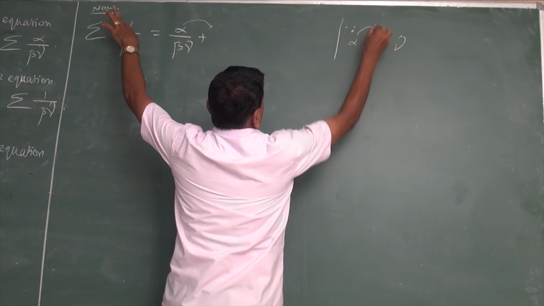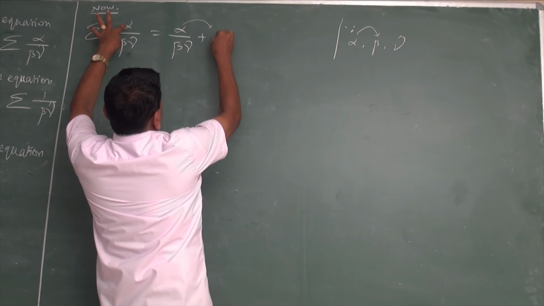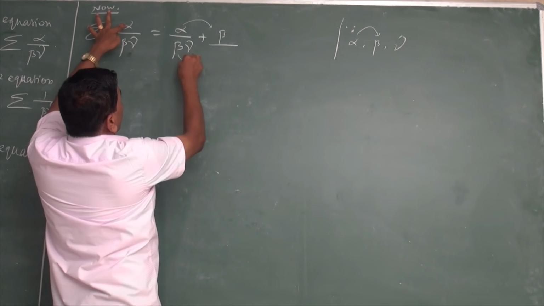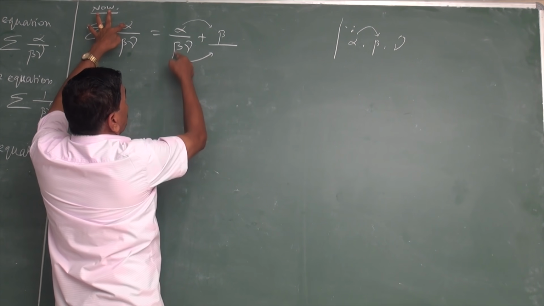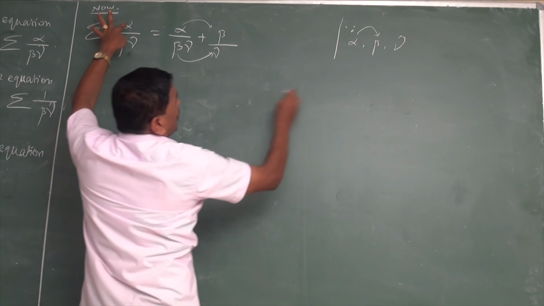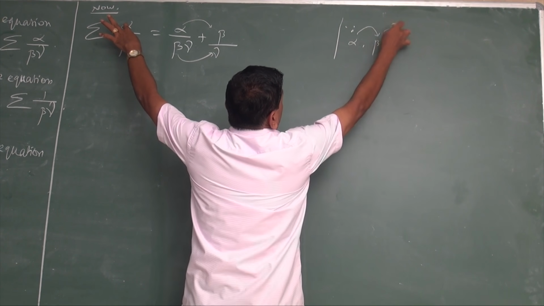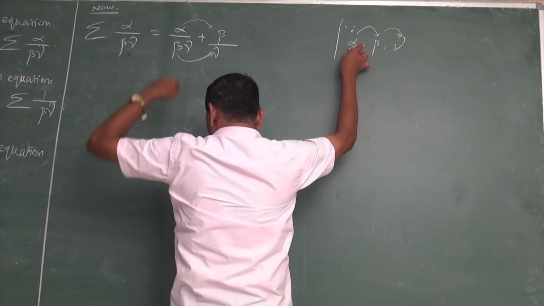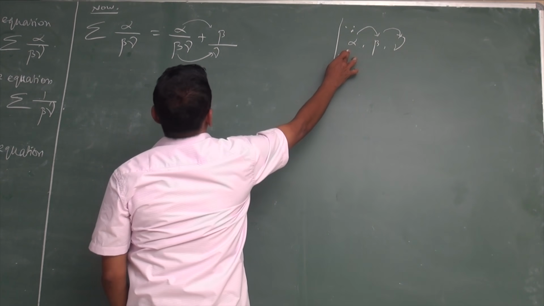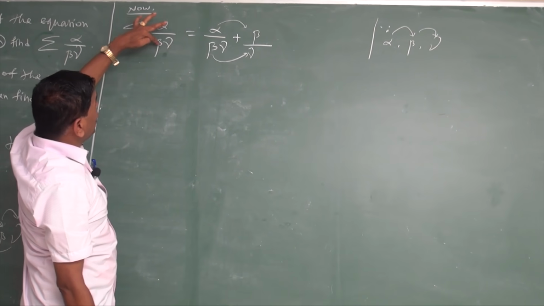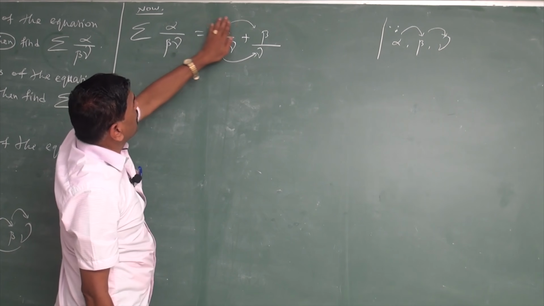Listen, alpha to beta, so beta to gamma in the denominator: alpha to beta, beta to gamma, gamma to alpha, which is said to be cyclic order. Again, sigma alpha by beta gamma is equal to the first term as it is.